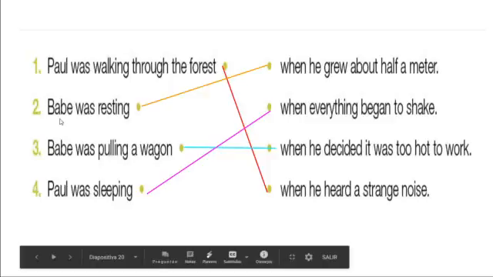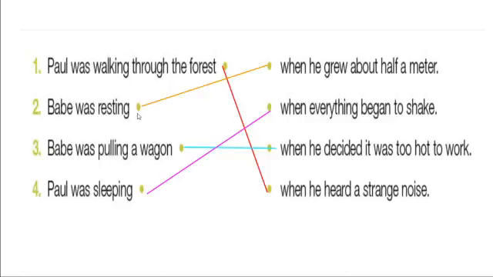Now, let's start with number 2. Babe was resting. According to the listening, continue with the answer, please. Okay, very good. Number 3. Babe was pulling a wagon when he decided it was too hot to work.